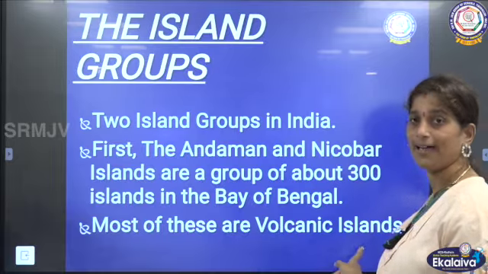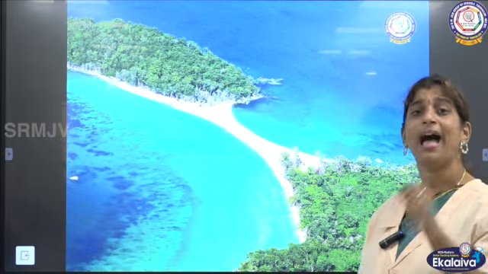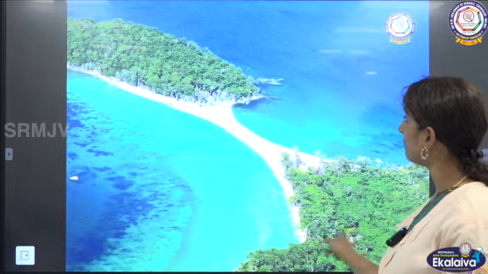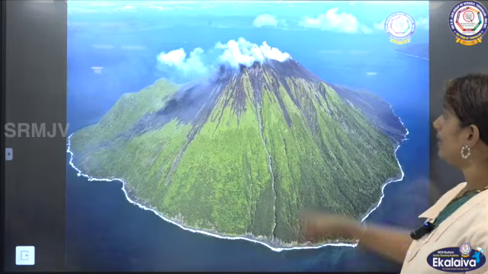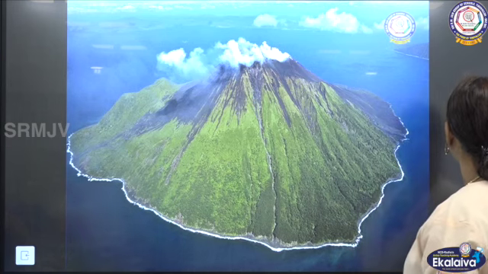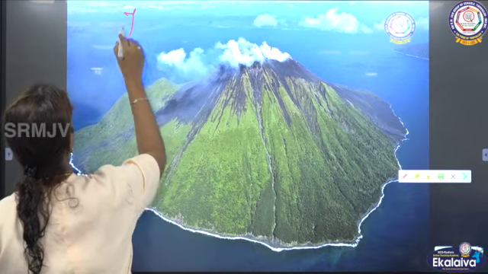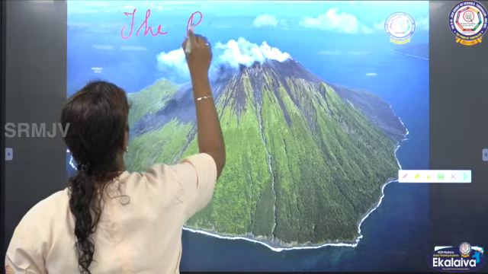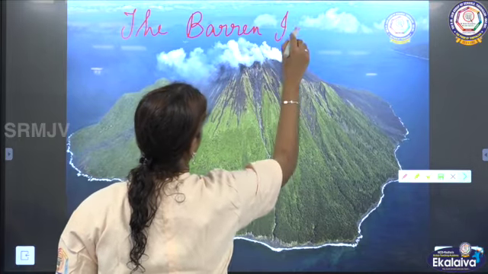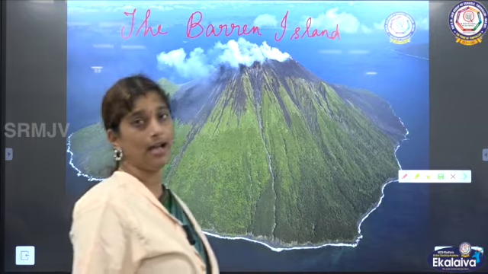There are active volcanoes there even today. Here you could see a volcanic island in Andaman. This place is called the Barren Island, located in Andaman.